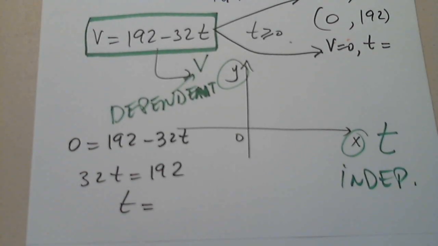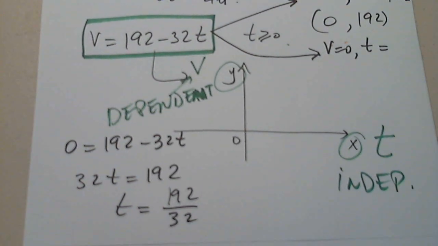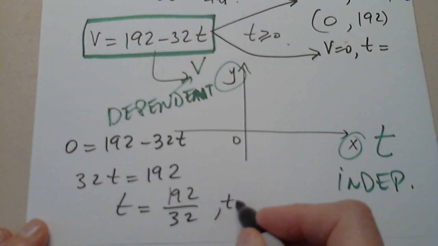What do I divide by? 32. Yes. The number that multiplies t. 192 over 32. And when I do that, 192 divided by 32, I'm sure you got the answer. It's 6. Good. So t equals 6.